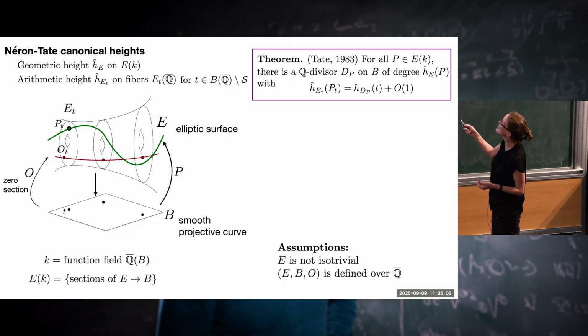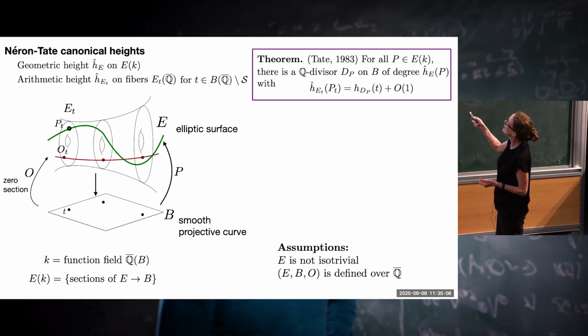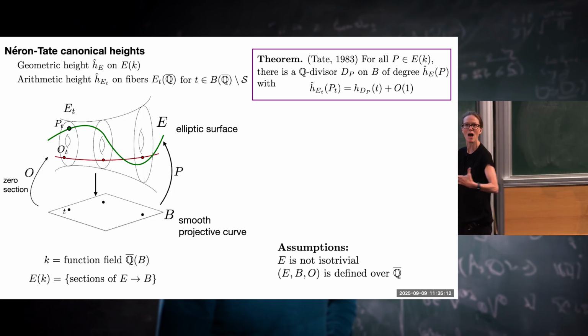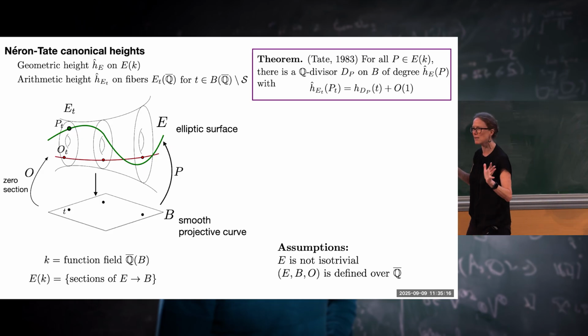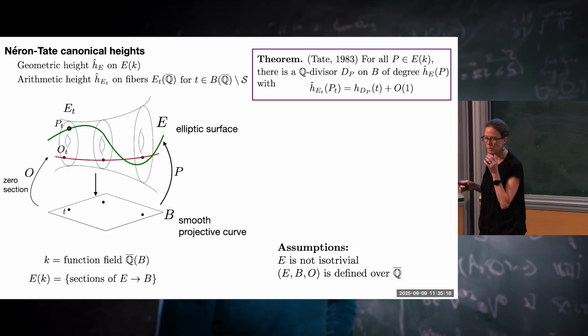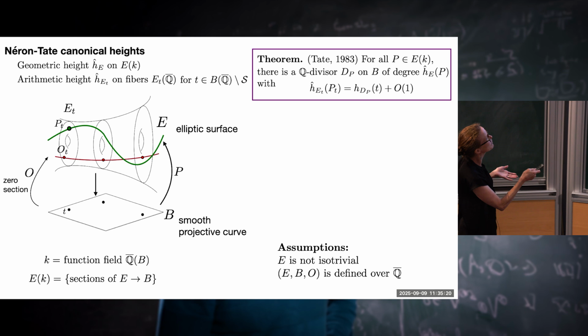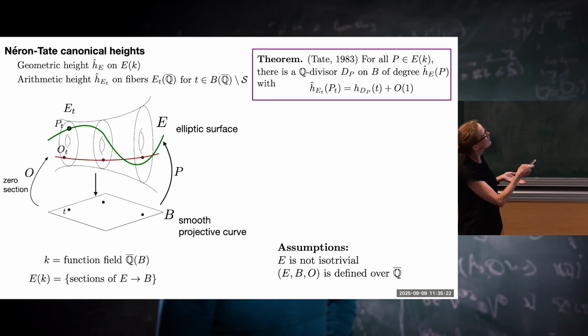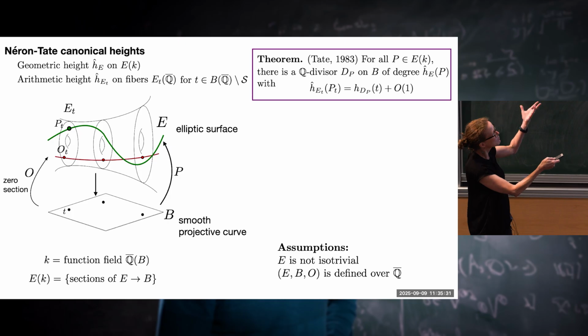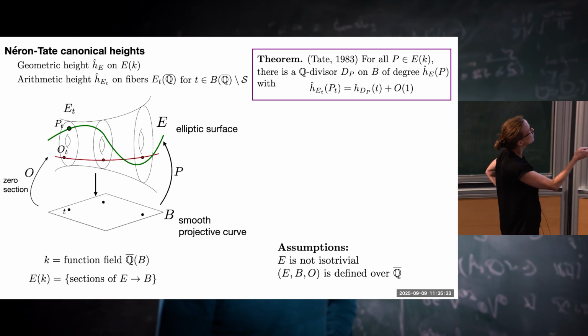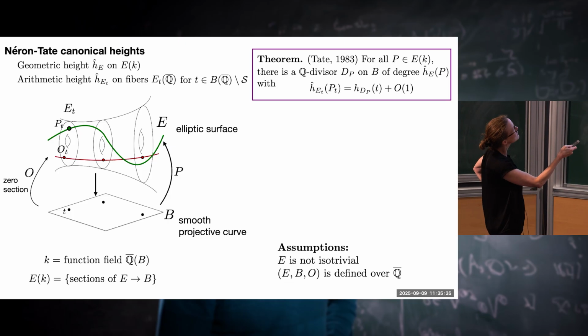A height in the sense that it's related to a standard Weil height with respect to some embedding of the curve into a projective space, up to a bounded correction. So more precisely, let me just read what it says here. For any such section, so rational point, there is in fact a Q divisor, call it dp, which lives on the base, with respect to which you construct the corresponding Weil height.